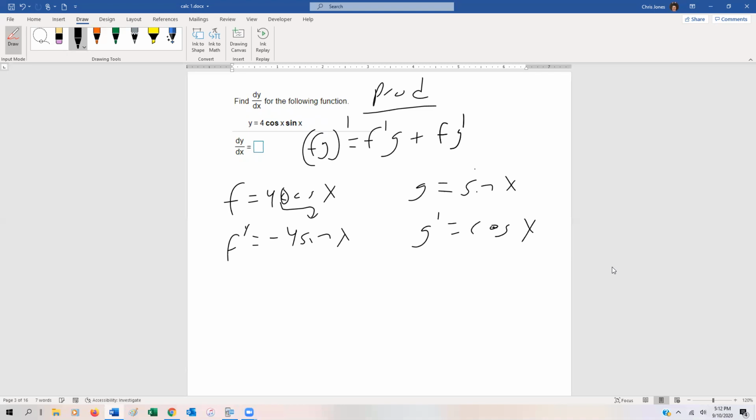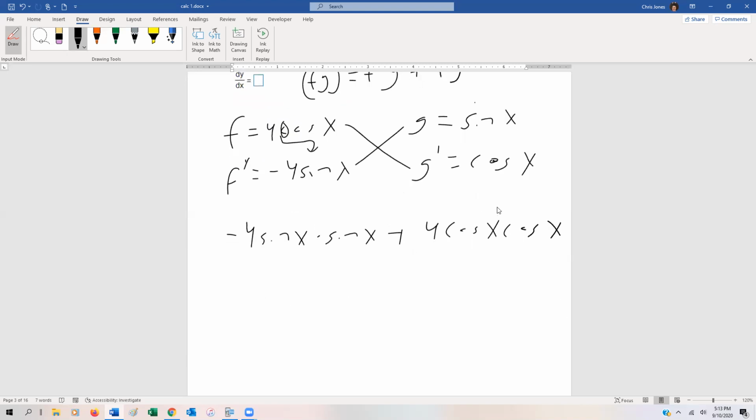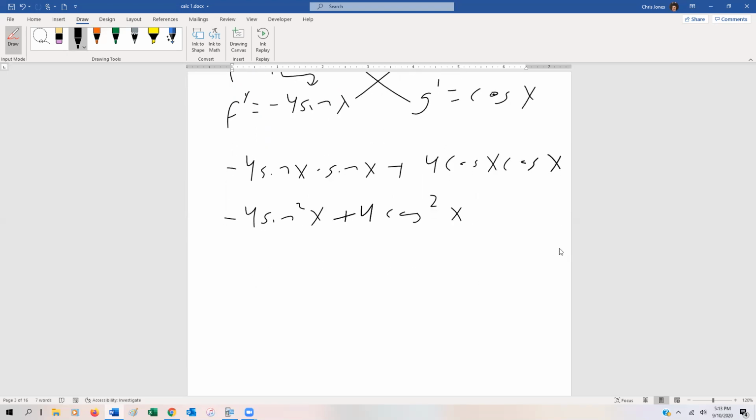And now we can do f prime g plus f g prime and smash those together. So this is going to be negative 4 sine x times sine x plus 4 cos x times cos x. Now be very careful here. We can write this as negative 4 sine squared x plus 4 cos squared x. And I know what some of you are probably thinking: oh, sine squared plus cos squared is 1.